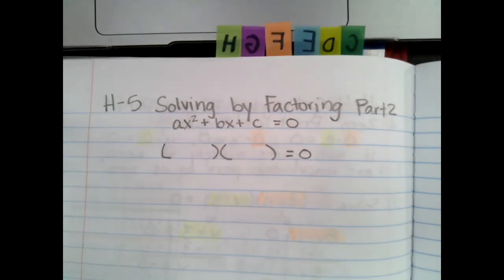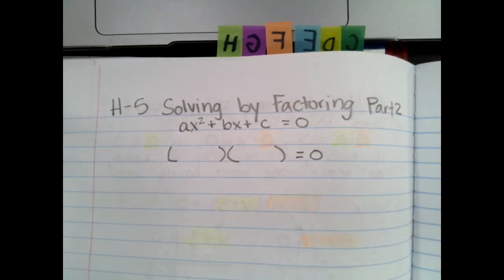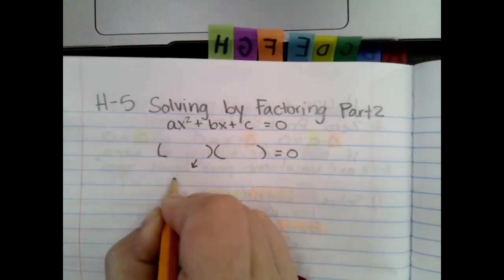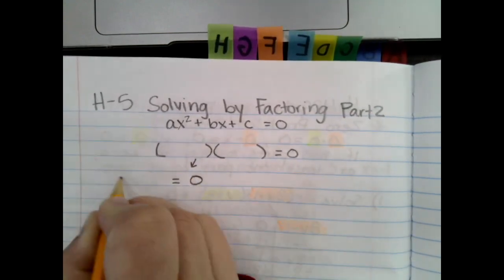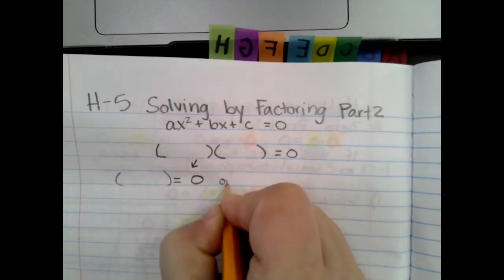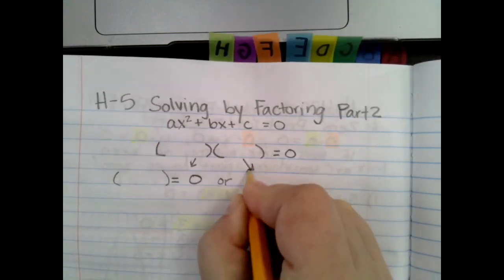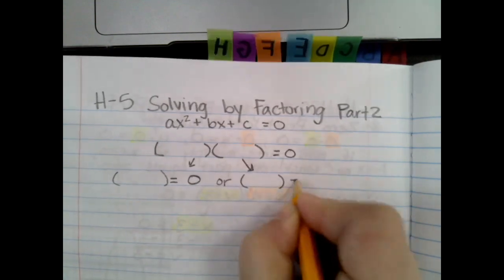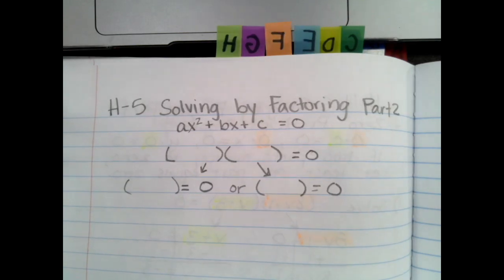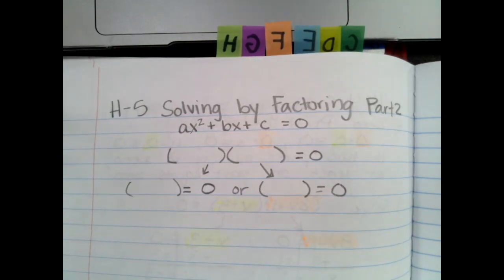But yesterday we learned when we have two parts that equal 0, how can I solve that? Yeah, separate them into one thing equals 0, whatever that first part is, or the other thing equals 0. And those are really our big steps here.